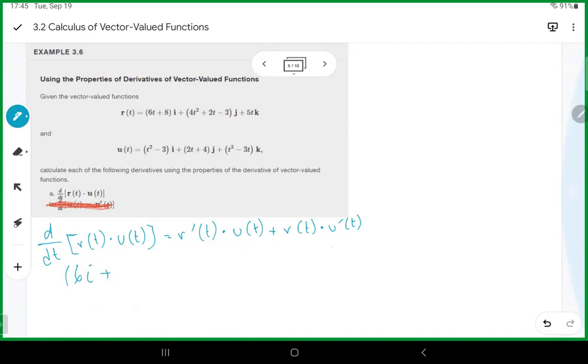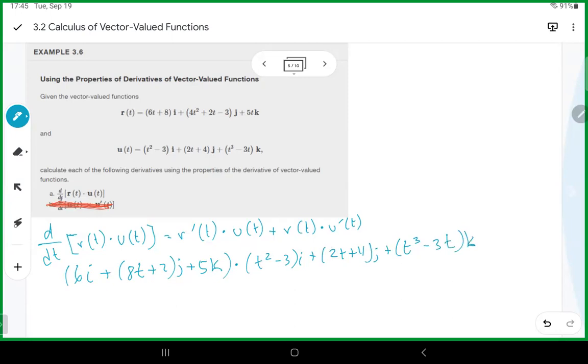So 6i plus 8t plus 2j plus 5k dot t squared minus 3i plus 2t plus 4j plus t cubed minus 3t.